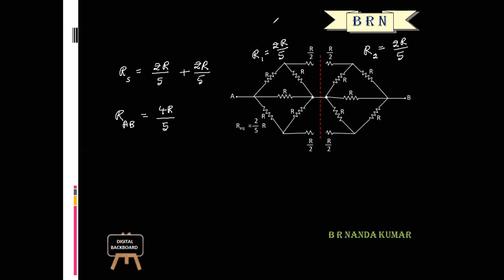So this is the effective resistance across the terminals A and B, that is R_AB equal to 4R divided by 5.